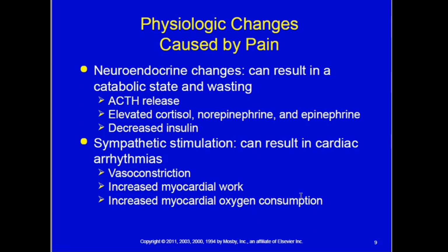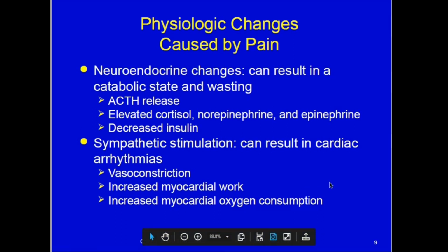There may be increased release of ACTH, cortisol level may be elevated, epinephrine and norepinephrine levels may be elevated, and there will be decreased insulin secretion. As a result, the patient will have hyperglycemia, and there may be decreased wound healing and more infection parameters.